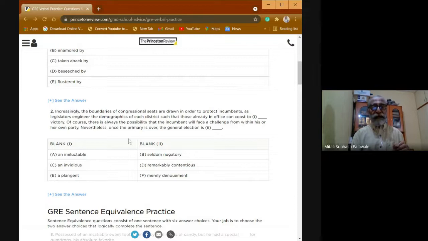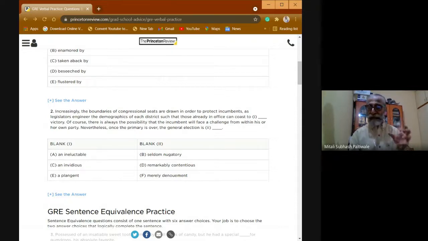The first line, till the first blank, if we read the passage, says, increasingly, the boundaries of congressional seats are drawn in order to protect incumbents. So here, the incumbents means the newcomers to the party. Congress means a political party. Don't take it as Indian or some other thing.